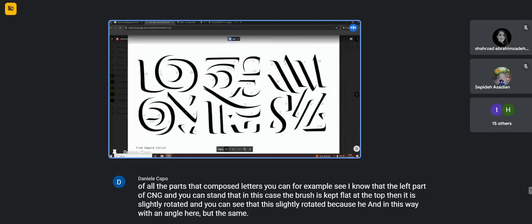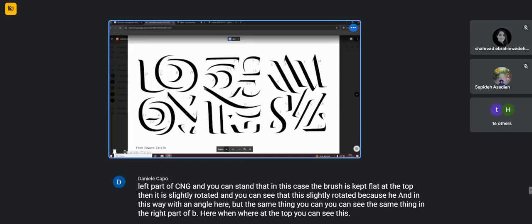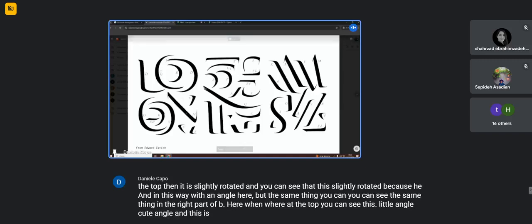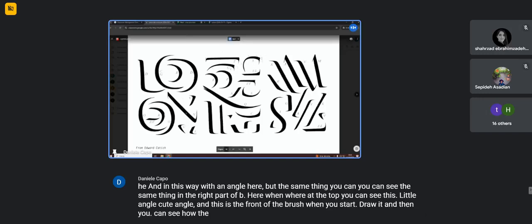The same thing you can see in the right part of D here, where at the top you can see this little acute angle, and this is the front of the brush when you start drawing. And then you can see how the different serifs and different strokes are made or shaped.